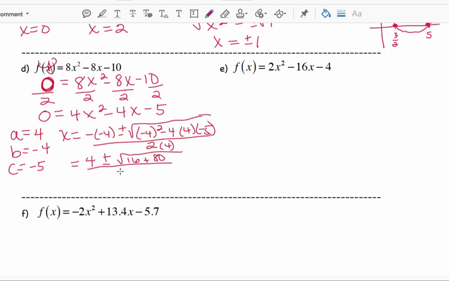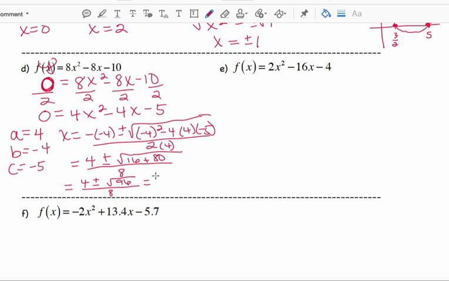And on the bottom you get 2 times 4, which is 8. On the top you get 4 plus or minus the square root of 96 all over 8.